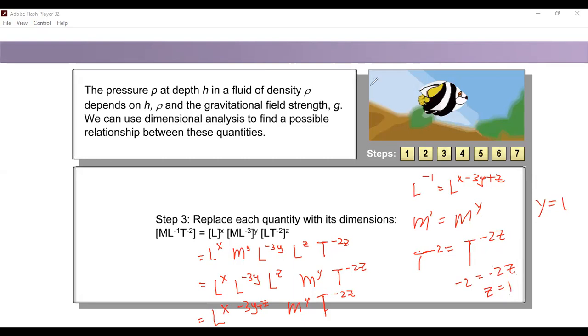Then we just replace Y equal to 1 and Z equal to 1 into the formula. Once we put into the formula, we get negative 1 equals X minus 3 times 1 plus Z, which is 1.